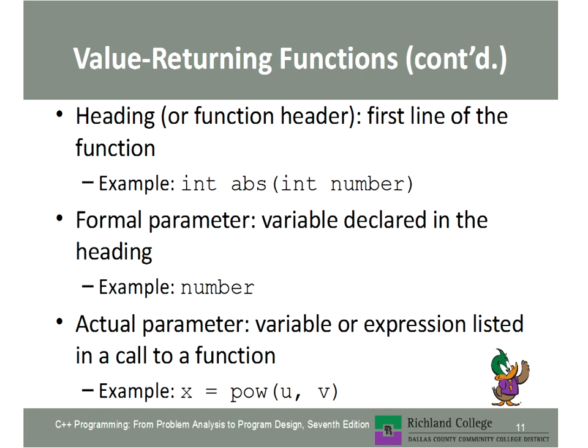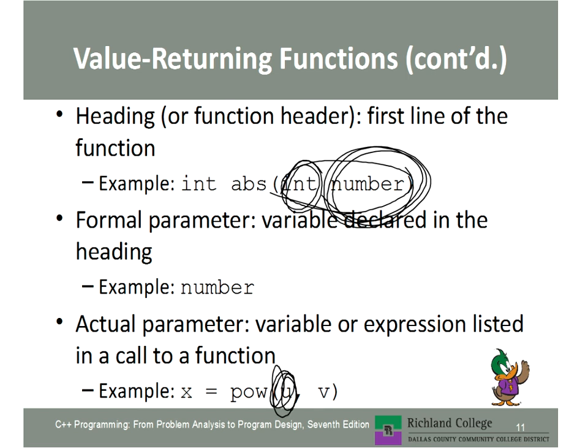Okay, so formal parameters, and that's going to be an important concept. If you have formal parameters, they have their data type with them. So if you have a formal parameter, you have the data type and the parameter name. The actual parameter is just the identifier name.